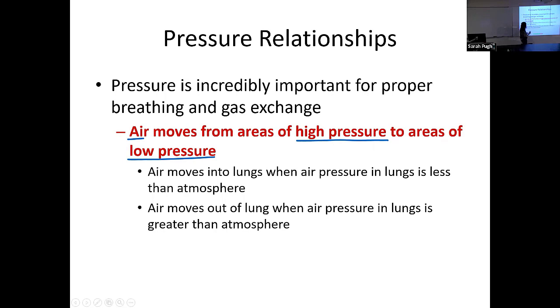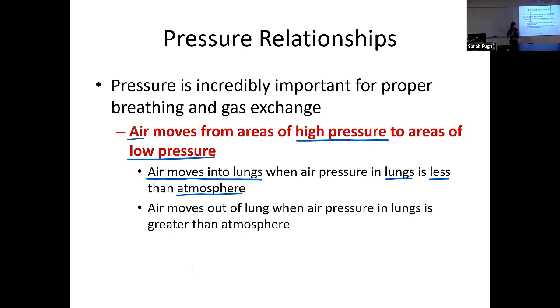So what's going to happen is when you breathe in, the air is going to move into your lungs when the pressure in your lungs is less than the pressure outside of your lungs in the atmosphere, okay? So when the pressure out in the atmosphere is high and the pressure in your lungs is low, the air is going to move from high out here to low in your lungs, okay?